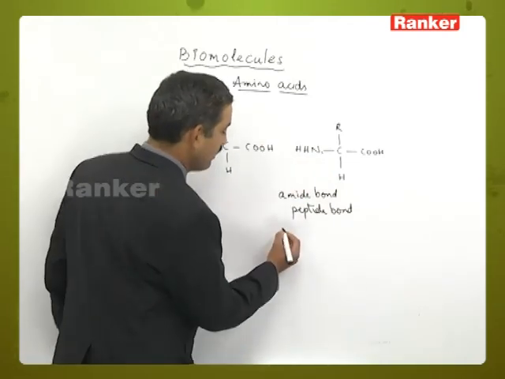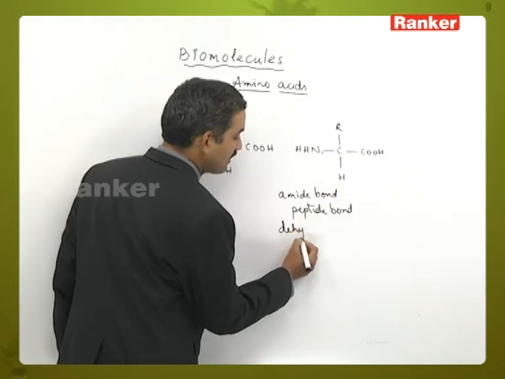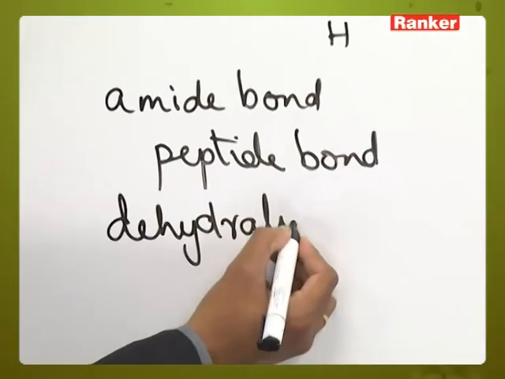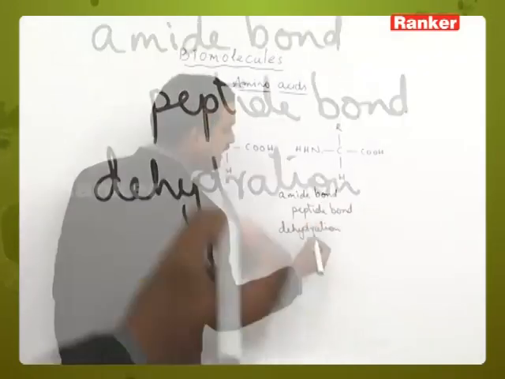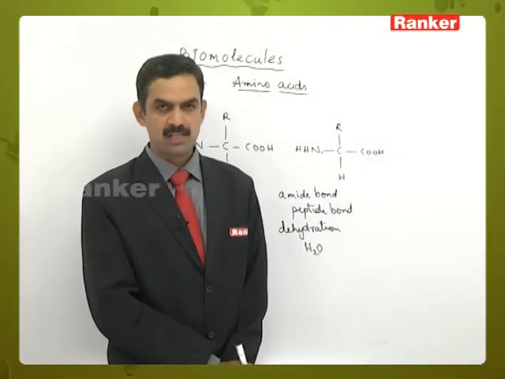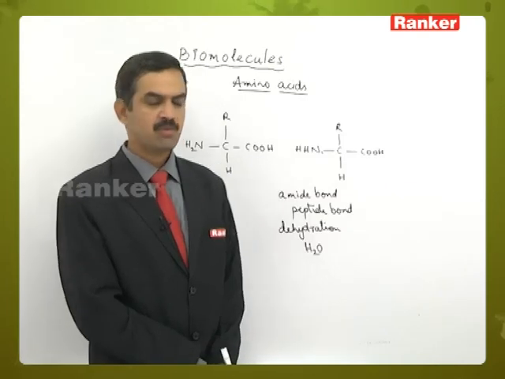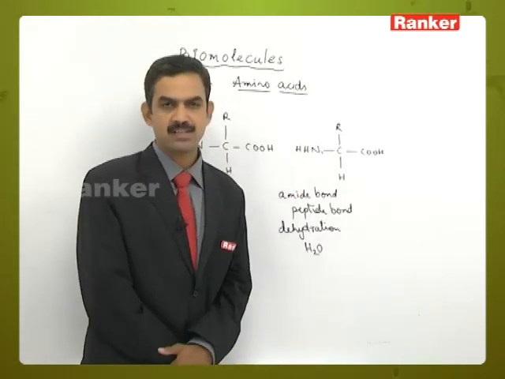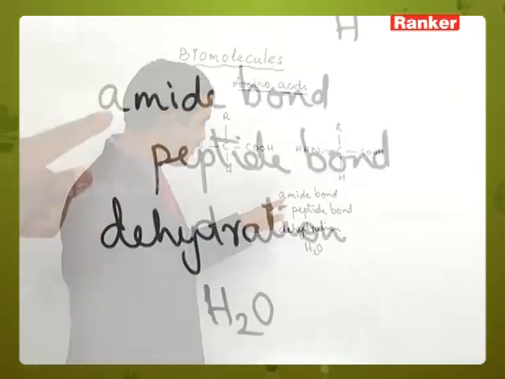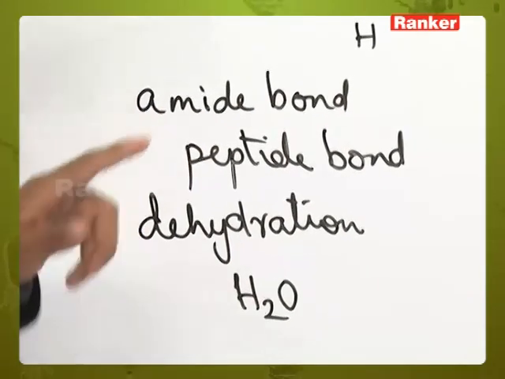In that process, one water molecule will be lost, which is called dehydration. One water molecule is released outside. So by this process, the peptide bond is formed between the carboxyl group of one amino acid and the amino group of the adjacent amino acid, and this bond is called an amide bond, but popularly it is known as a peptide bond.